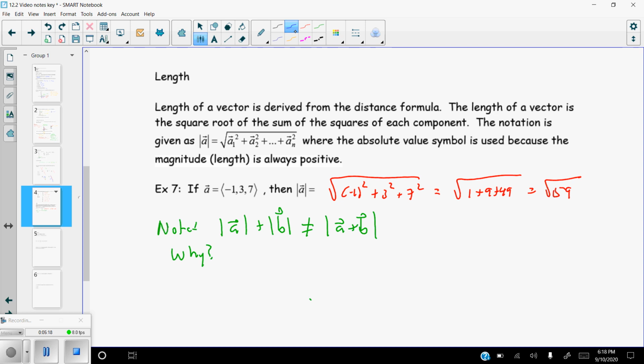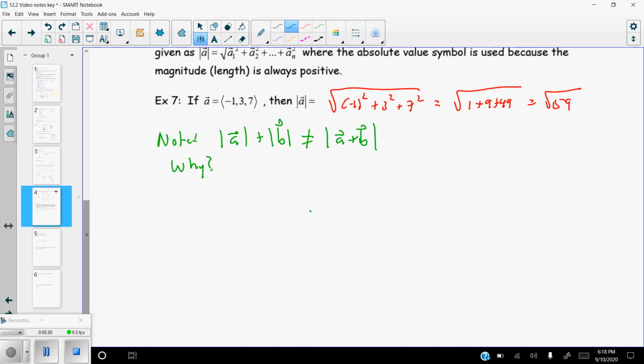Well, it's called the triangle inequality.